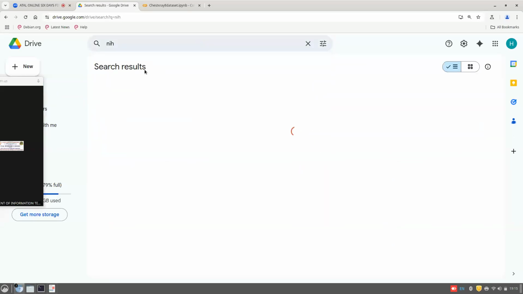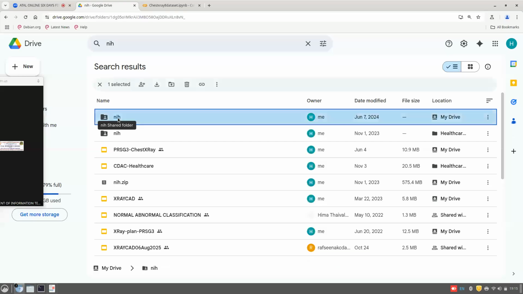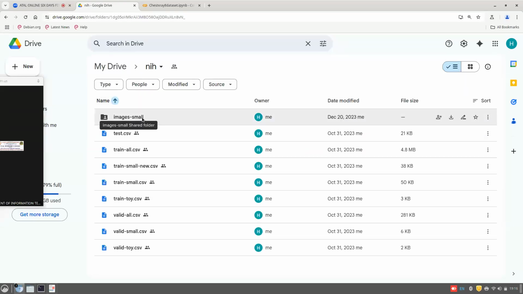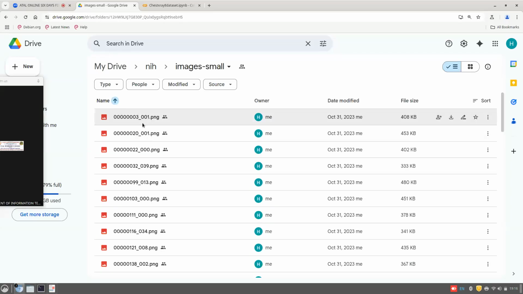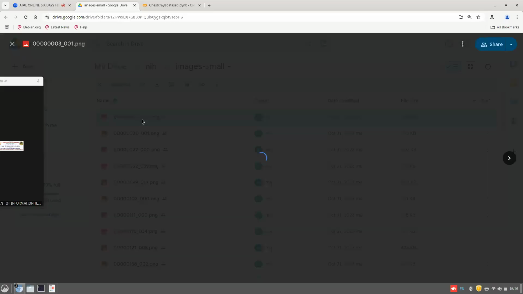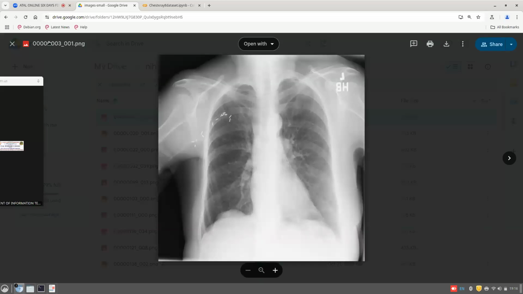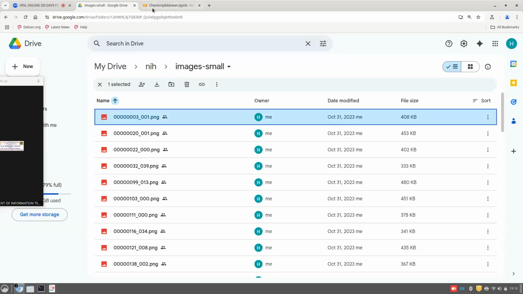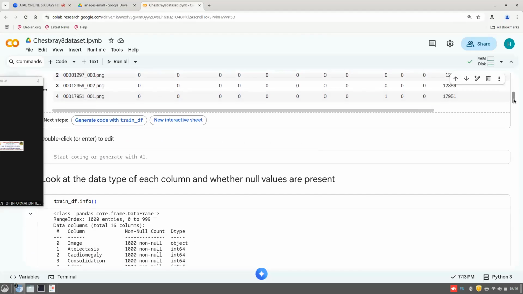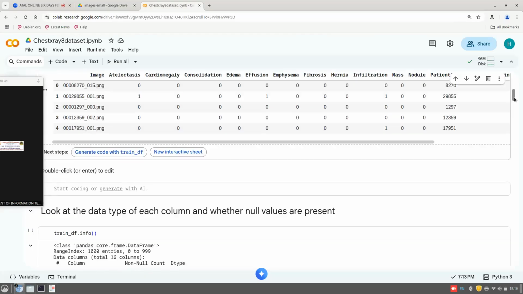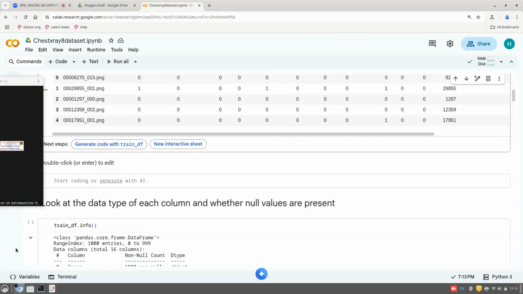So I also have these images in my Google Drive folder. If I go inside my Google Drive folder, you can see there are so many X-ray images. These names only I have listed out in my CSV file, along with the associated diseases. So now I have to look at these.